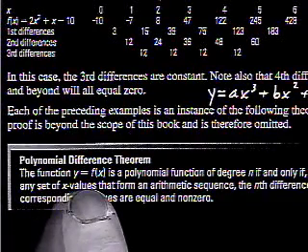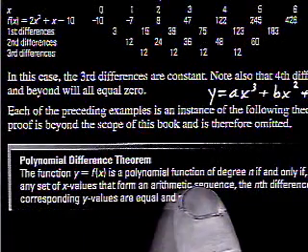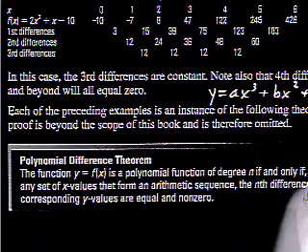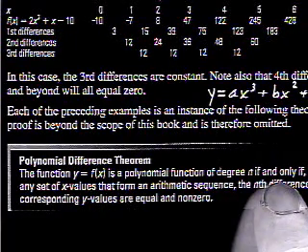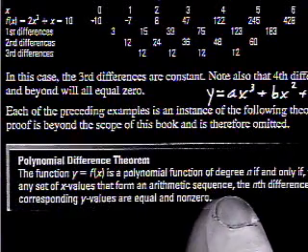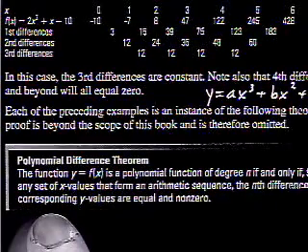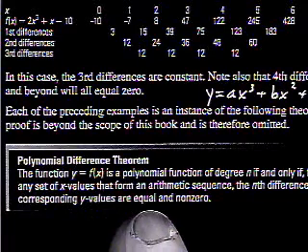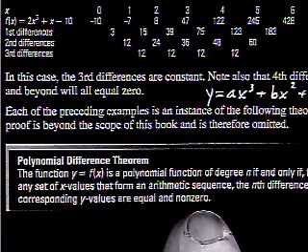Says the function y equals f of x is a polynomial function of degree n if and only if, that's the if from geometry, for any set of x values that form an arithmetic sequence, the nth difference of the corresponding y values are equal and non-zero.